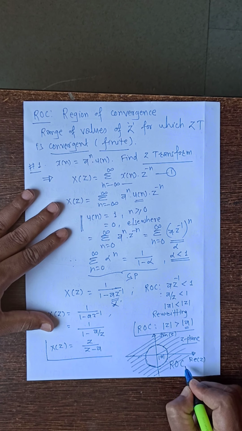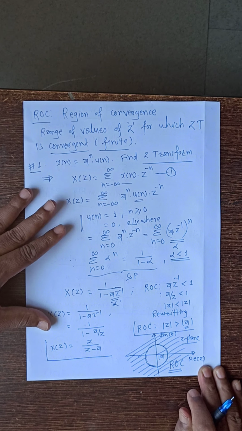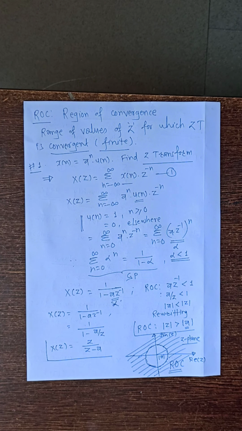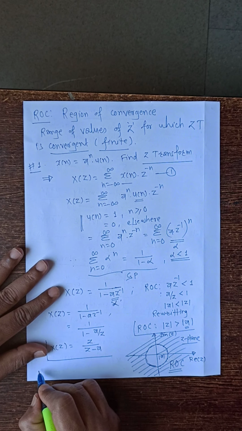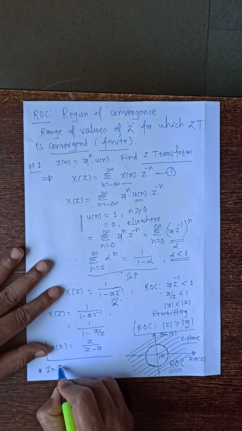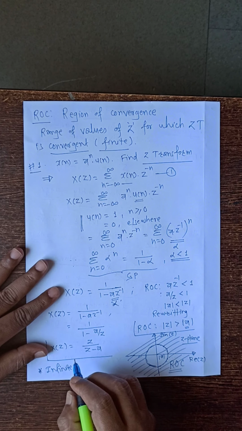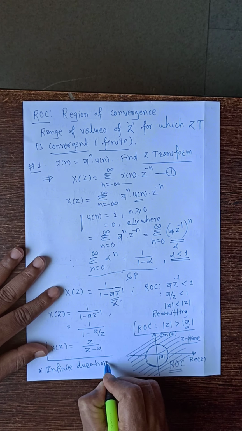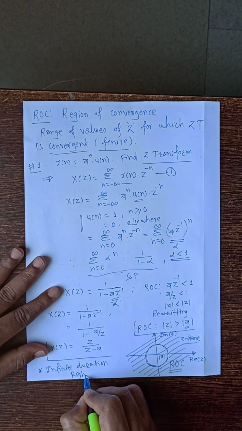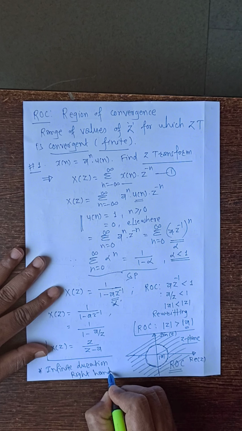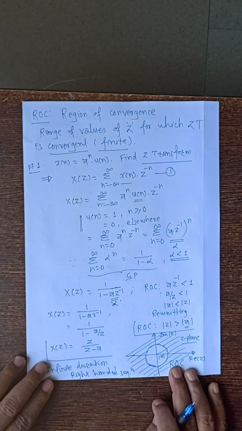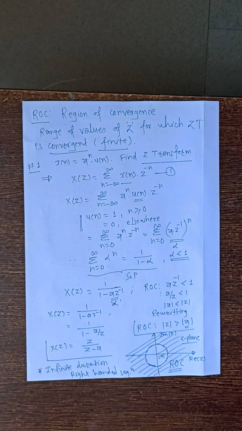This is the region of convergence, for a right-handed infinite duration sequence. So this is the ROC and this is the z transform of x[n] equal to a^n u[n]. Thank you.